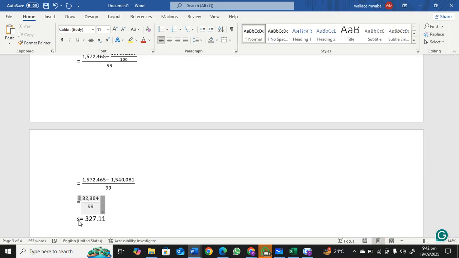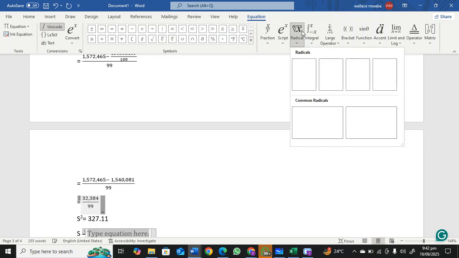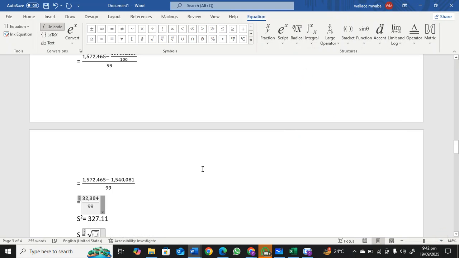Now we need to get the standard deviation. To get the standard deviation, we just get the square root. So S, which is the standard deviation, equals the square root of 327.11.